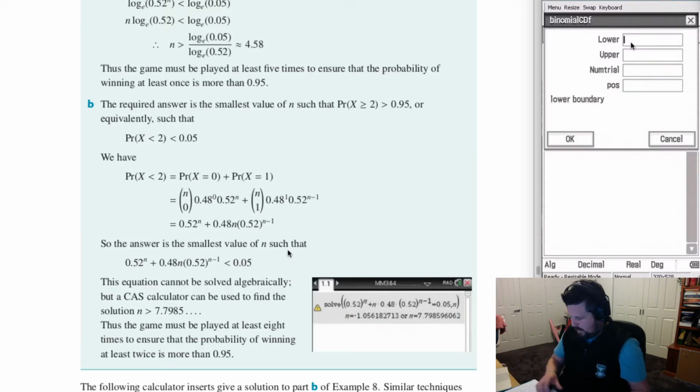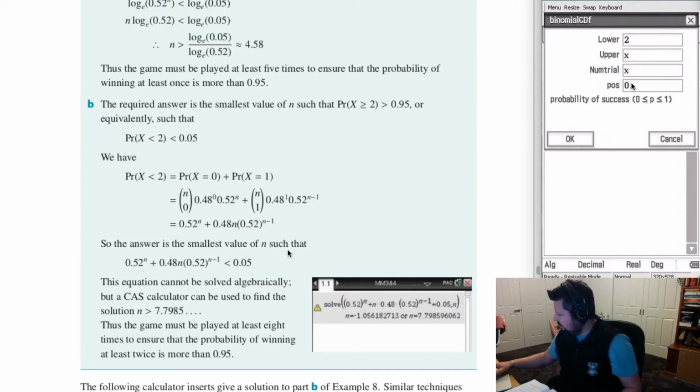Now if we're looking at the second example, where we're looking for the probability of x being greater than or equal to 2, where p was equal to 0.48, your lower value is going to be 2, your upper value is anything that's greater than 2, so we just have that as x. Number of trials we really don't know yet, that's what we want to find out, so we can leave that as x. And the probability of success in that particular case is 0.48.